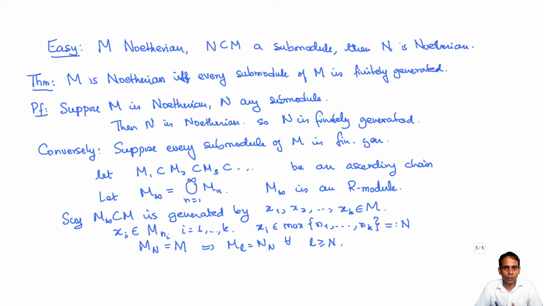An R module is Noetherian if and only if every submodule is finitely generated. We saw earlier that if M is an R module and it has a submodule N such that N is finitely generated and M mod N is finitely generated, then the module M itself must be finitely generated.